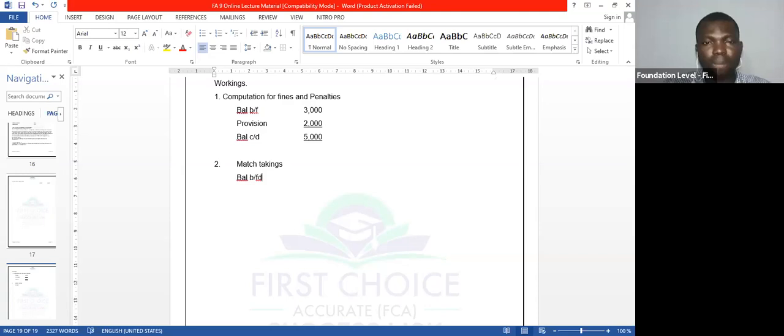If you look at the table, match takings, we have 20,000. Then the addition, we have the addition.